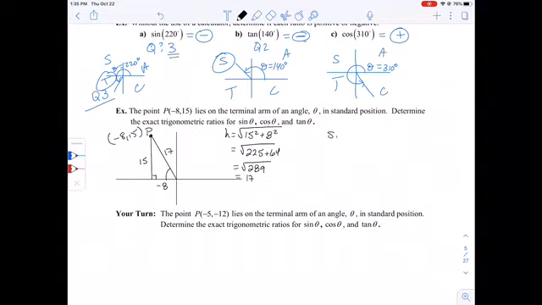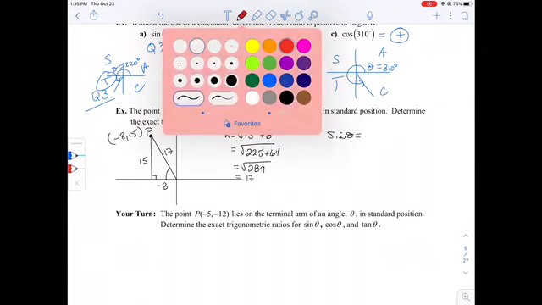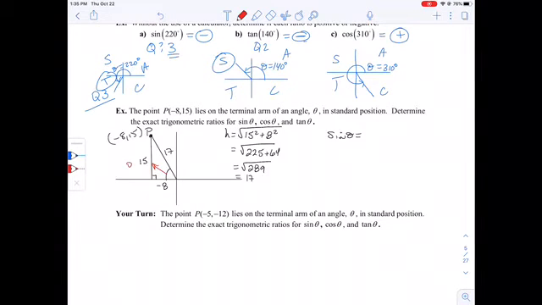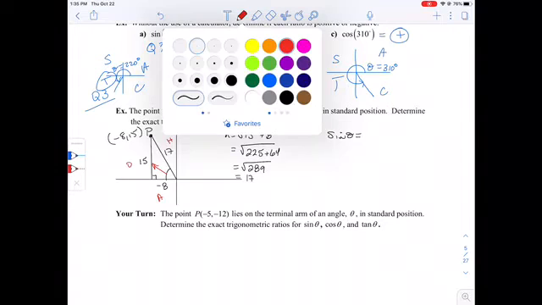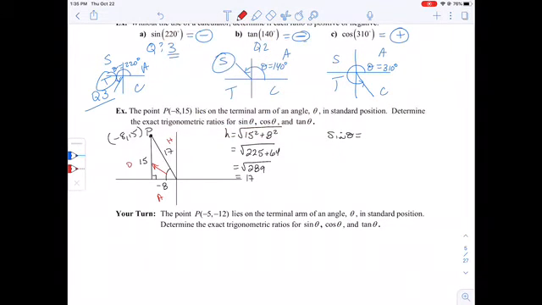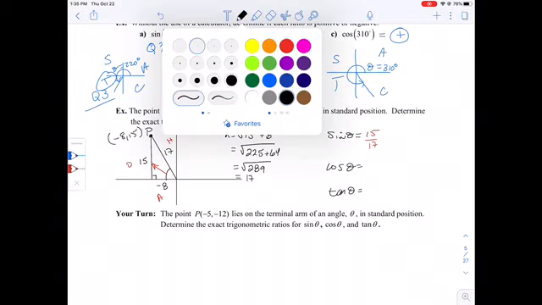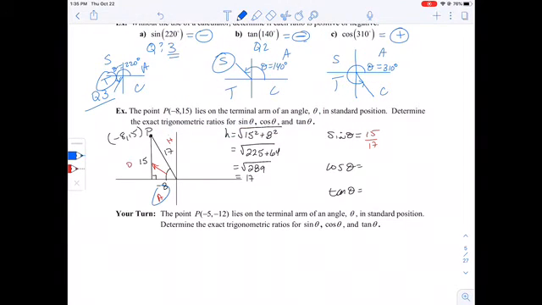And if I need my three ratios, I know that sine of theta is going to be the opposite over the hypotenuse. This would be the opposite, this would be the hypotenuse, and this would be the adjacent side. So sine of theta would be 15 over 17. Cosine of theta would be adjacent over hypotenuse, which is -8 over 17.